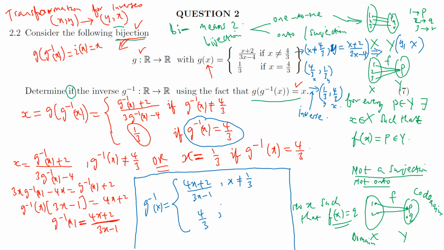It can be 4/3 under one condition, that X is 1/3. We agree that X is 1/3. So that's the answer. Okay. So we have used the effect to find the inverse. So this is the inverse.